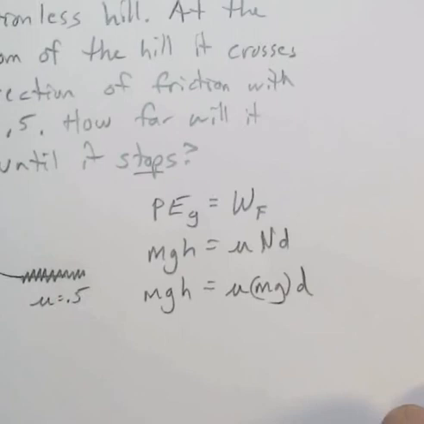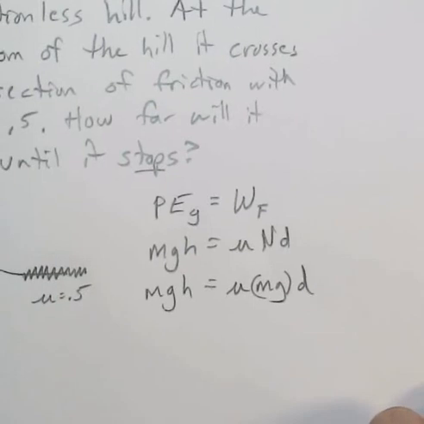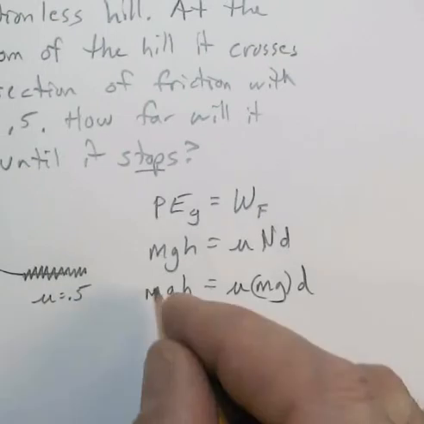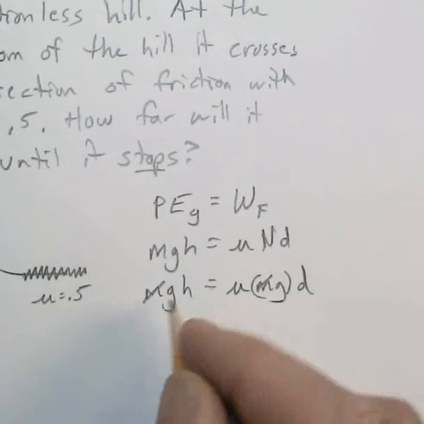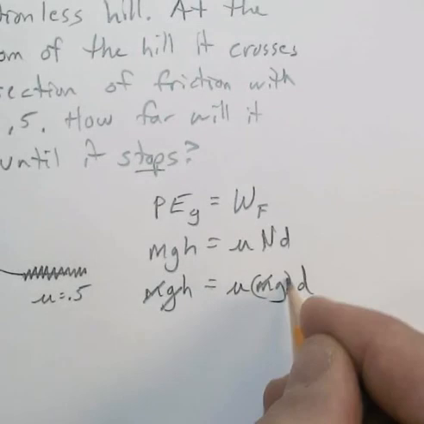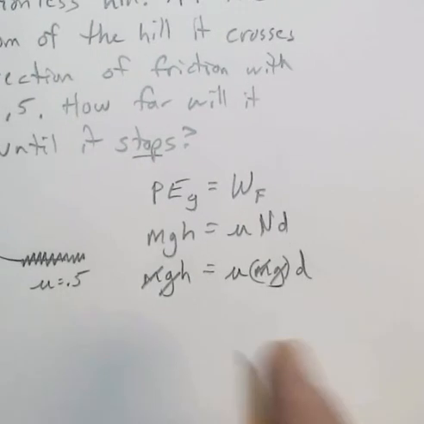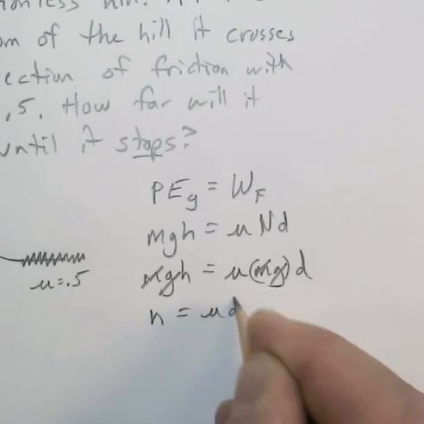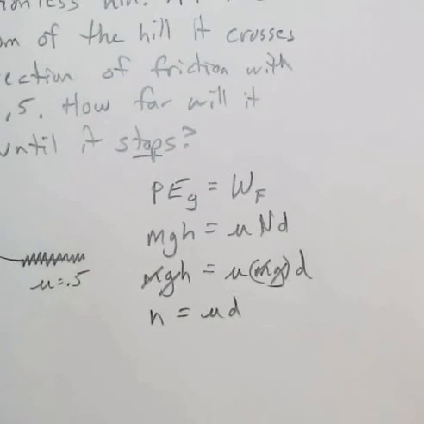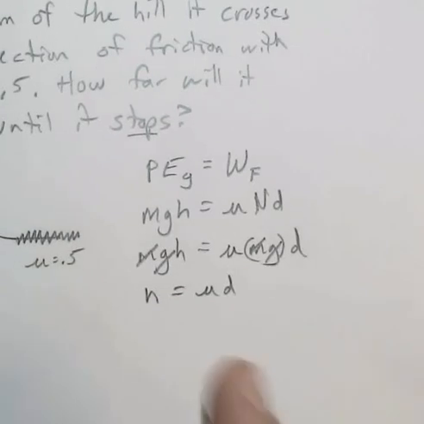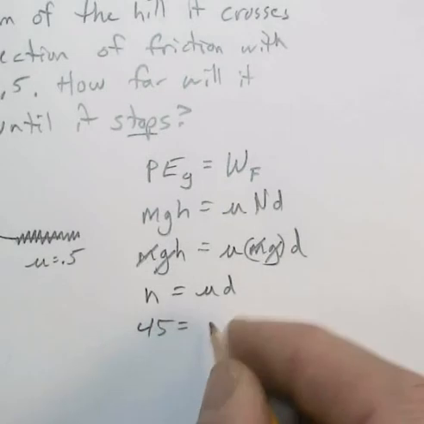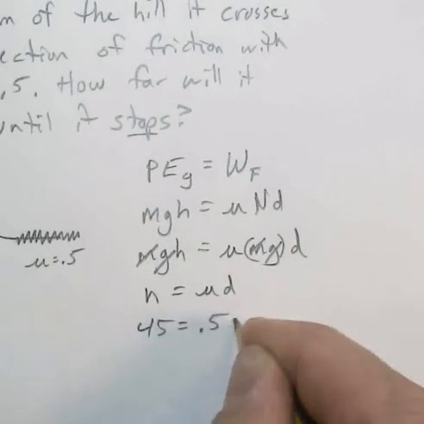Do the m's cancel? Artem Smolin would be very happy if we didn't put numbers in yet, because what cancels? Just m. M and g cancel, because the g is the same, we don't go to another planet. So it becomes h equals mu D. So we have 45 equals 0.5D.